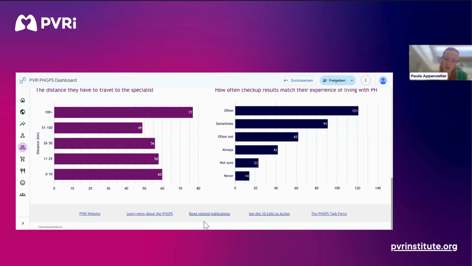And also at this point, we want to note that the main questionnaire, the main publication we had, has a lot of data in it as well, that is also stratified by region. So if you're interested and you don't see something that is not on the dashboard, you can check the publications.